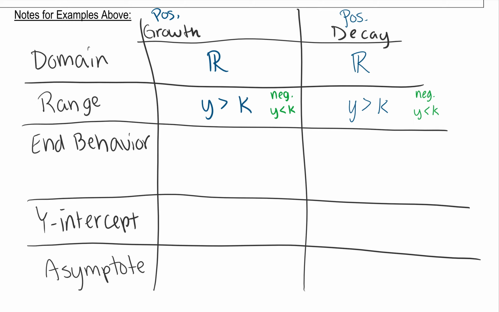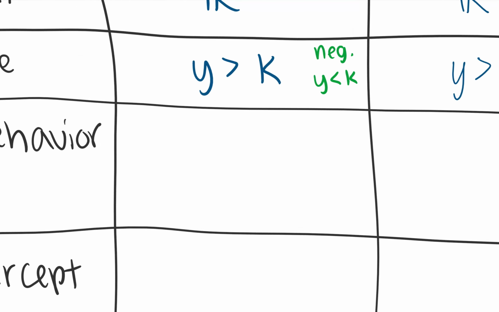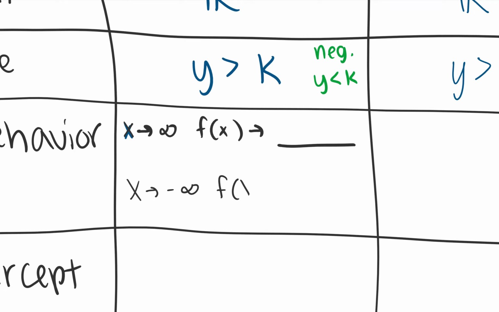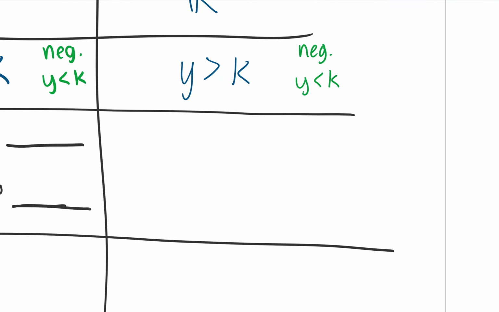All right, in end behavior. So in end behavior, you will always have x approaches infinity, f of x approaches blank, right? You'll always see these. So as x approaches negative infinity, f of x approaches blank. And then the same thing on this one. So I'll go ahead and write these first.